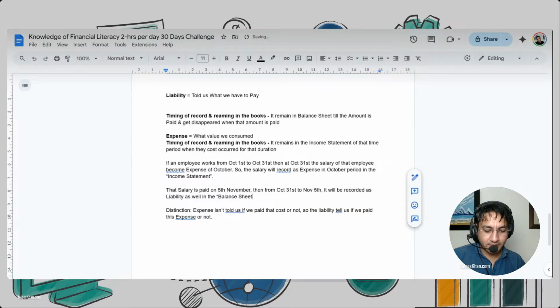The income statement. So that's the thing.